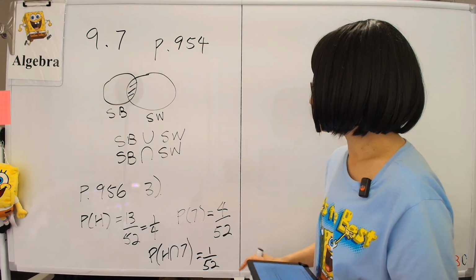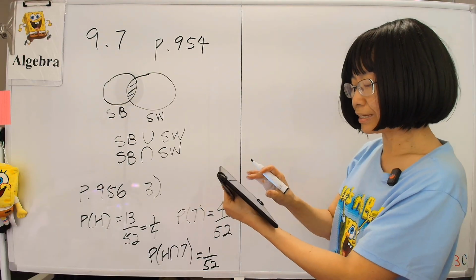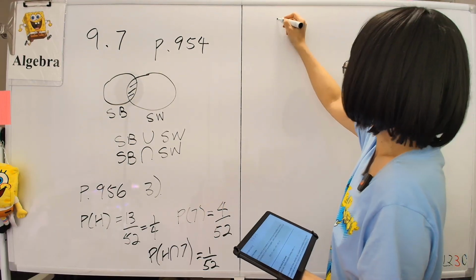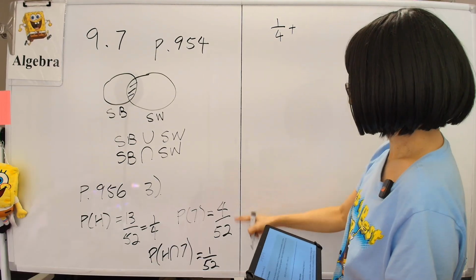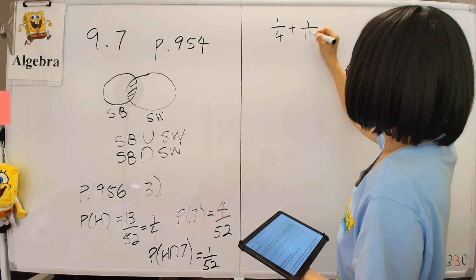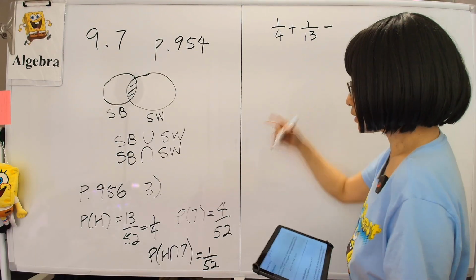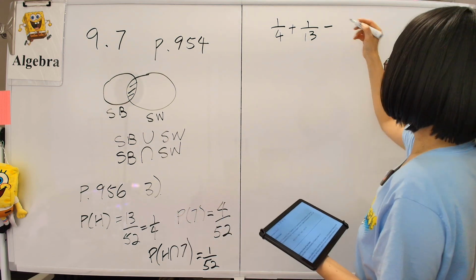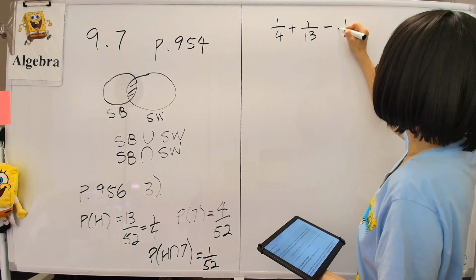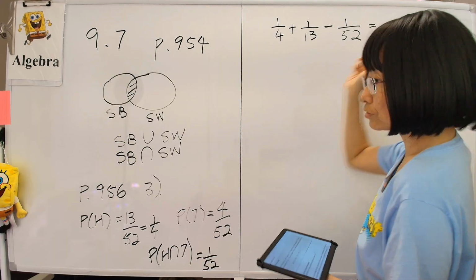So the total, according to the formula here, is the first probability plus the second probability, that's 1/13, and then minus the last probability, which is being repeated, which is in both. So we subtract the repeat.